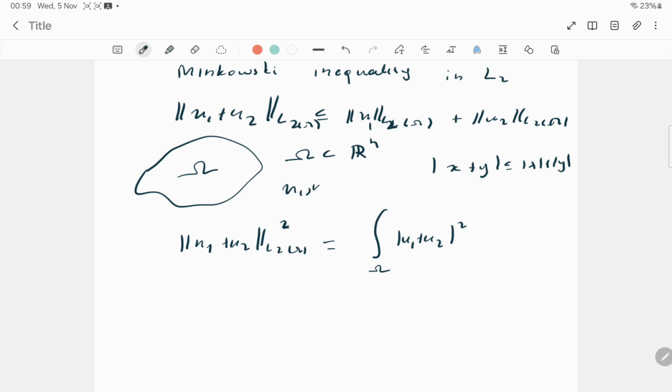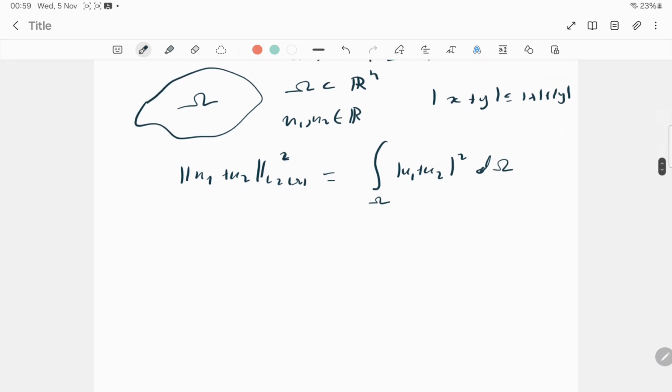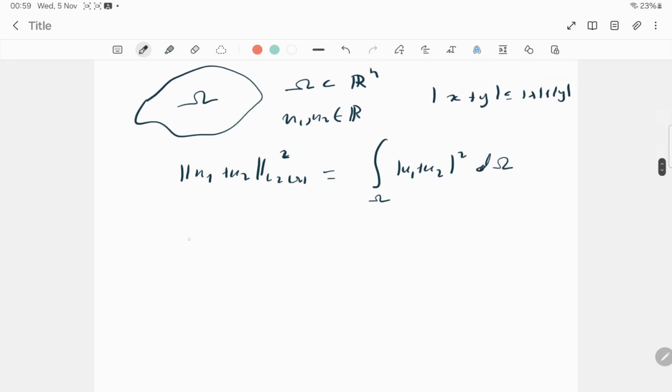U1 and U2 are real valued functions, and this is a measure on the domain omega. So it's the integral over omega of U1 plus U2 squared d omega.